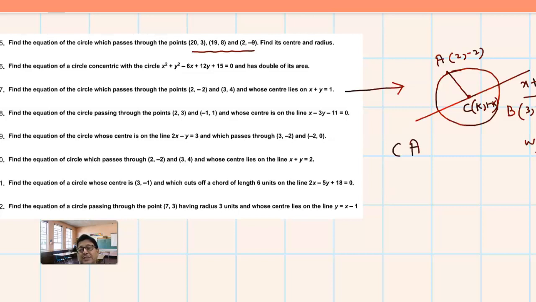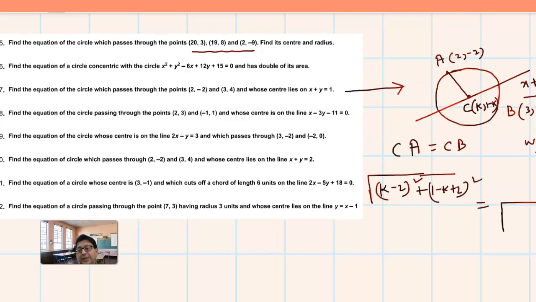So if I put CA equal to CB, then CA by the distance formula is going to be the square root of (k minus 2) whole square plus (1 minus k plus 2) whole square, equal to CB, which is going to be the square root of (k minus 3) whole square plus (1 minus k minus 4), that is (k plus 3) whole square.